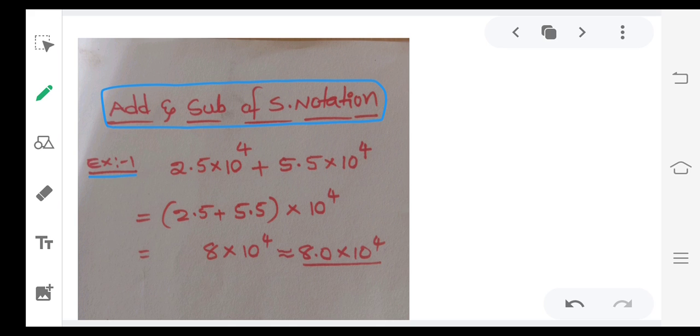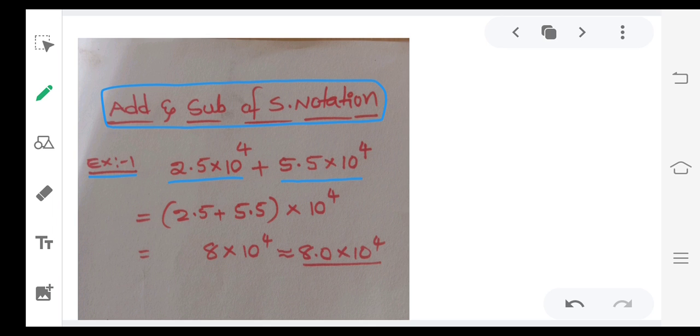So first example, I have given two numbers, 2.5 into 10 power 4 plus 5.5 into 10 power 4. In these two numbers, the exponential form is the same, that is 10 power 4. When the exponential form is the same, you can group it.